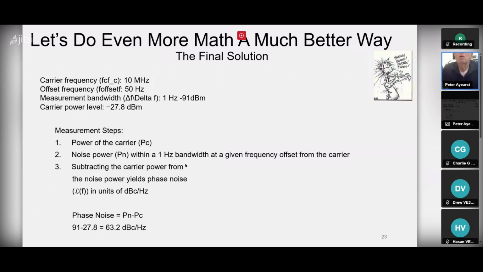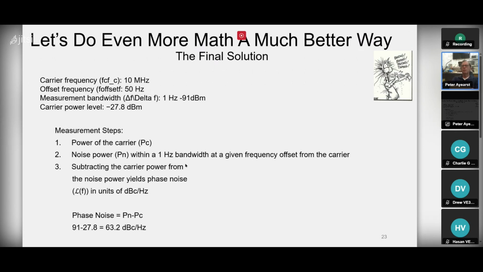So I decided, let's go back to the way that I first described, nice simple calculations, and see what number that comes up with instead of doing all those conversions to watts and normalization formulas. I took those same numbers, 10 megahertz, 50 hertz, etc. And I went through the power of the carrier, noise power within 1 hertz bandwidth, subtracting it all up.